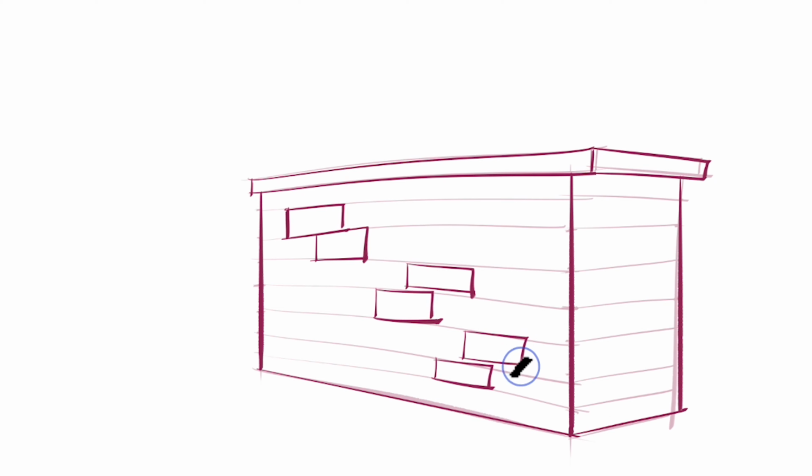And then I can use the lines here to begin this idea of establishing the pattern for the bricks. I don't have to draw every single brick. I'm leaving a few extra spaces for grout.